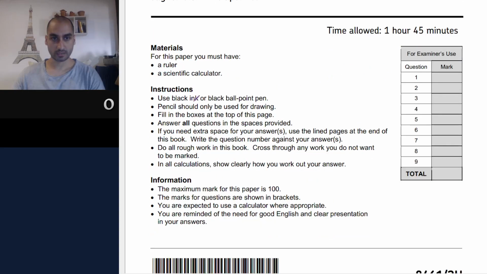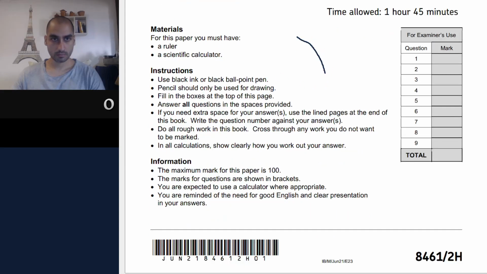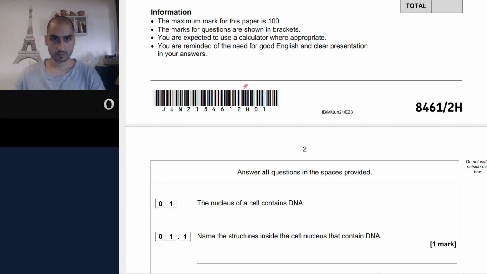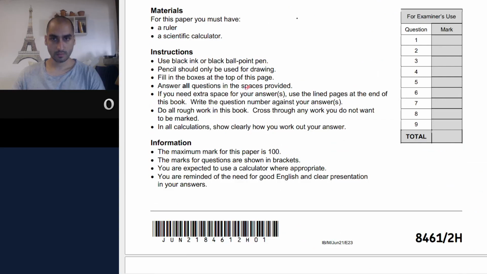Ruler, calculator, blah blah. Pen works. Okay. Let's begin.